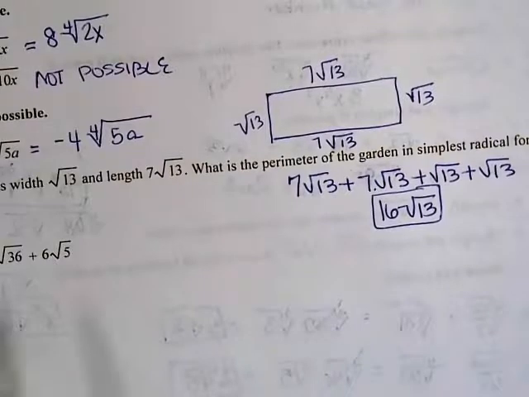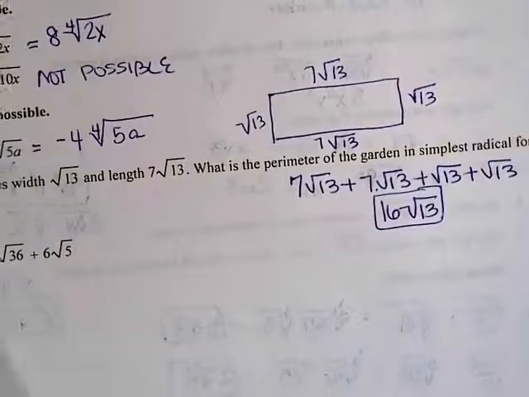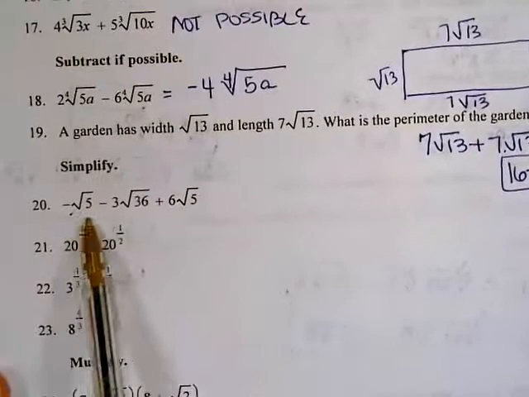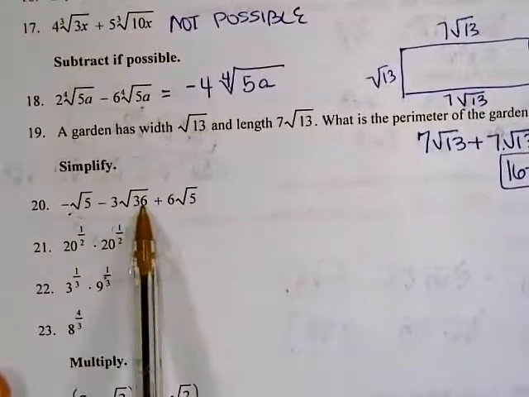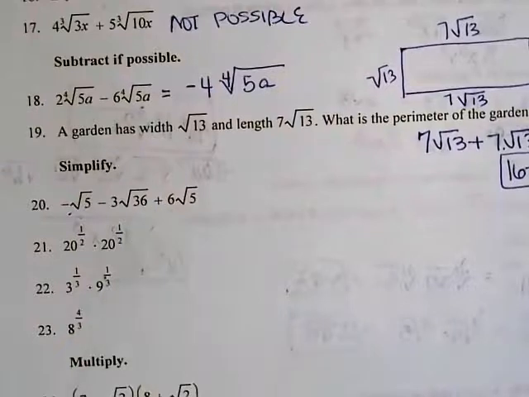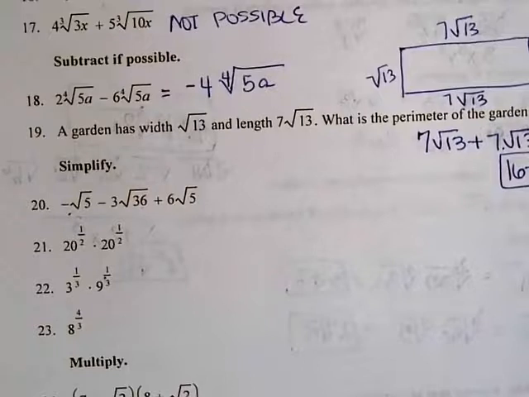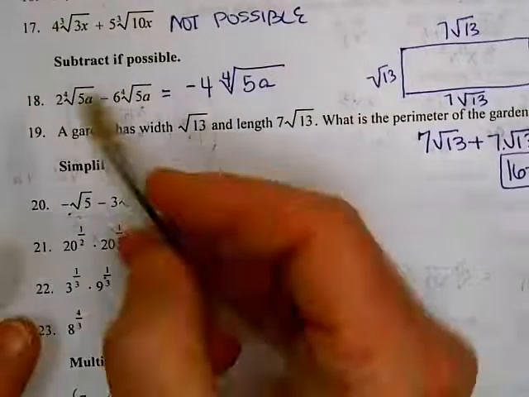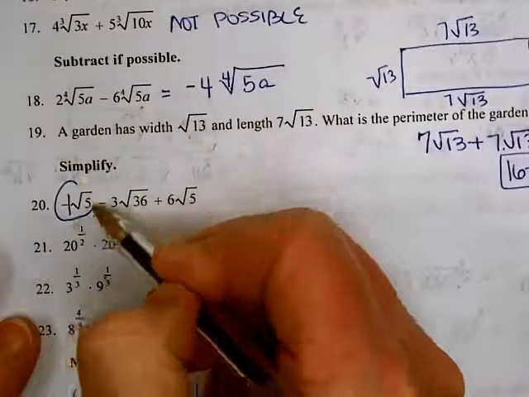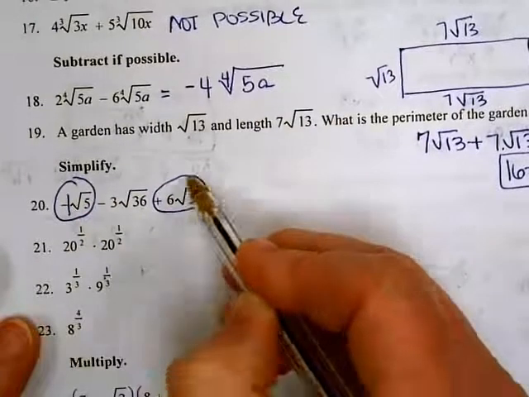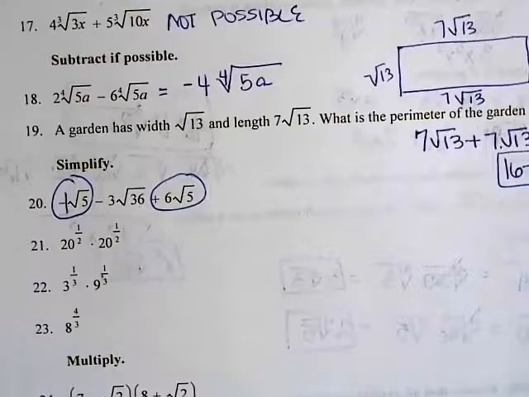20. Negative square root of 5 minus 3 times the square root of 36 plus 6 square roots of 5. What would be the first thing that you would simplify in number 20? Okay? So you've got negative 1 here, and you've got 6 of them over here, and together what does that give you? 5?